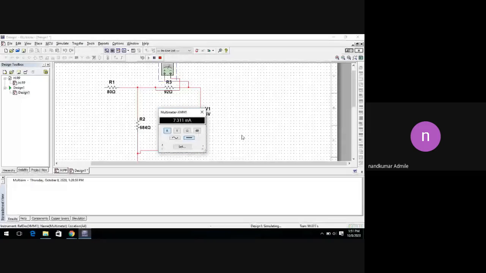Have you studied the examples on H parameters, two port networks? Have you done it in the theory lecture? Yes, sir. Then do you remember the formulas? What is the formula for H11?